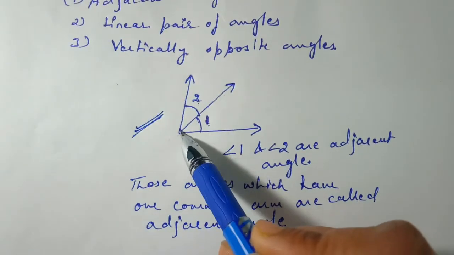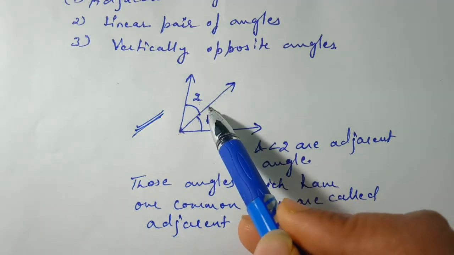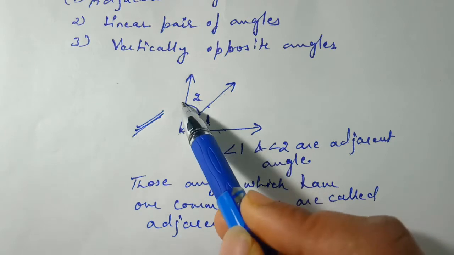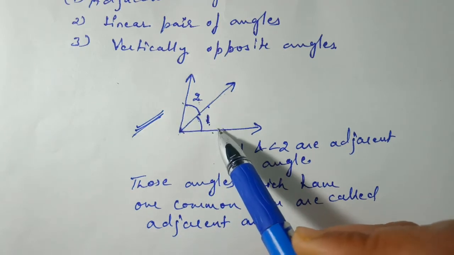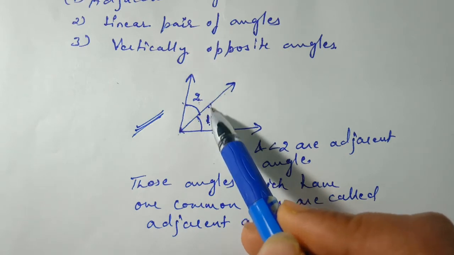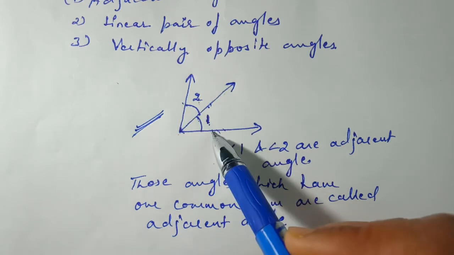If this arm which is in the middle is common, then these two which are at the outside of the angles are said to be non-common arms. One is the common arm and the two are non-common arms.